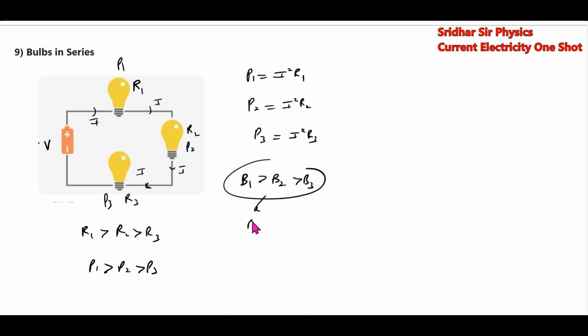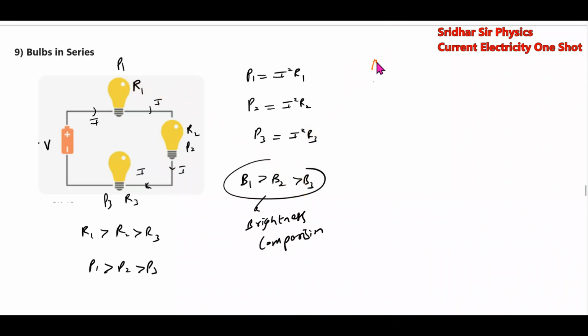These are the brightness comparisons. So when bulbs are in series, we will compare the brightness by using the power dissipation. Since the same current flows, the one which is having higher resistance will have more brightness. So what is the conclusion?